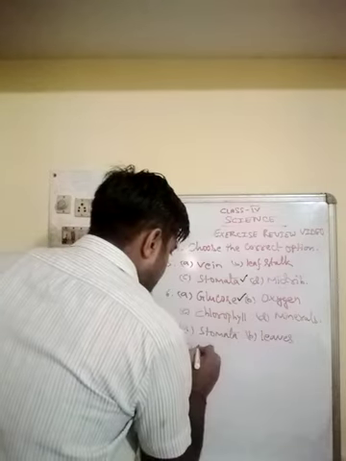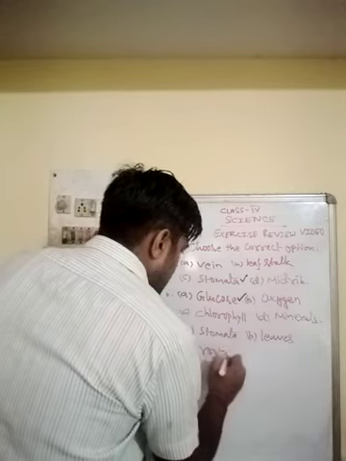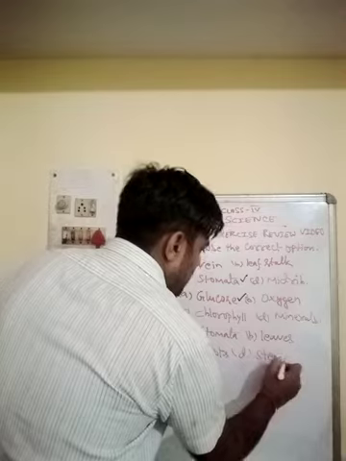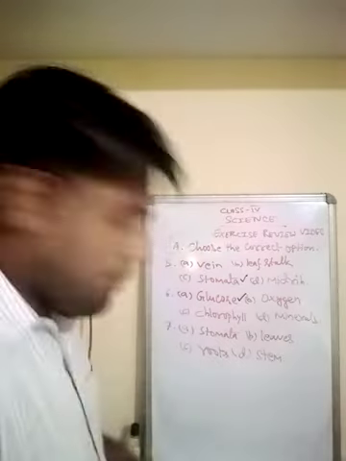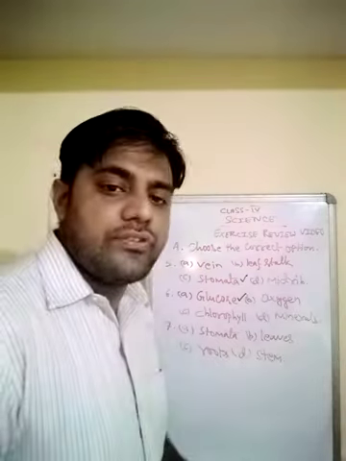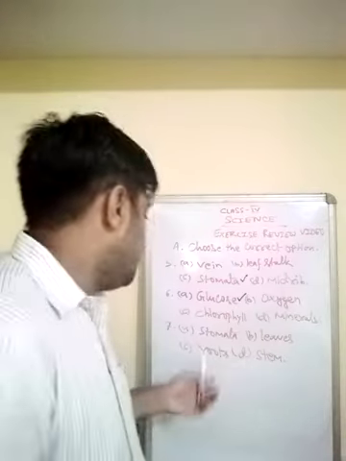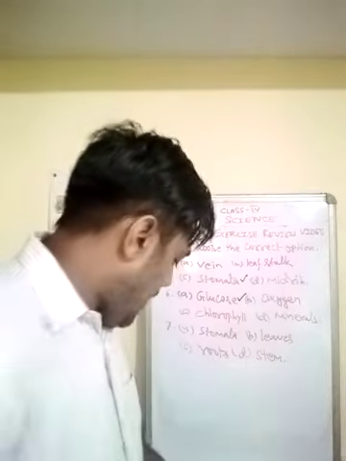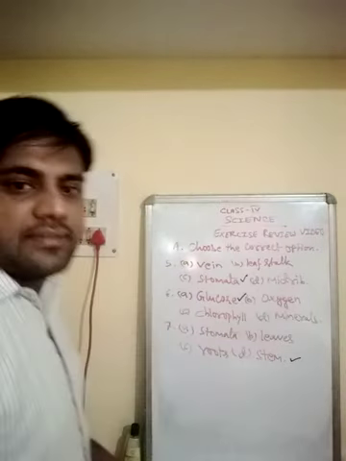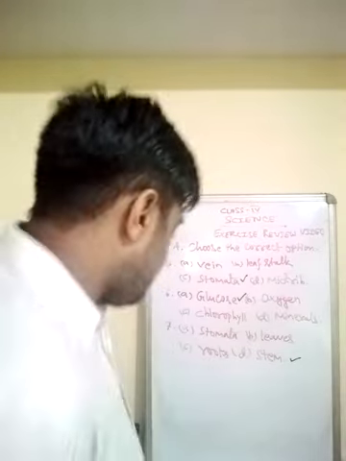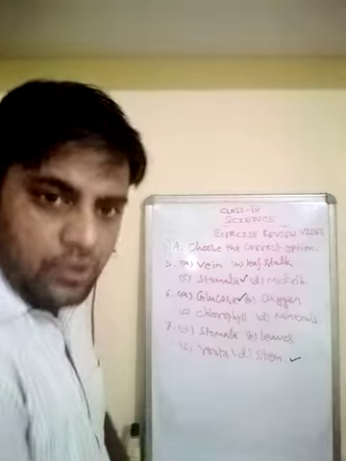Options are number A, stomata, number B, leaf, number C, root, and number D, stem. And your correct answer is stem, number D, stem. So these are the answers for choose the correct options.